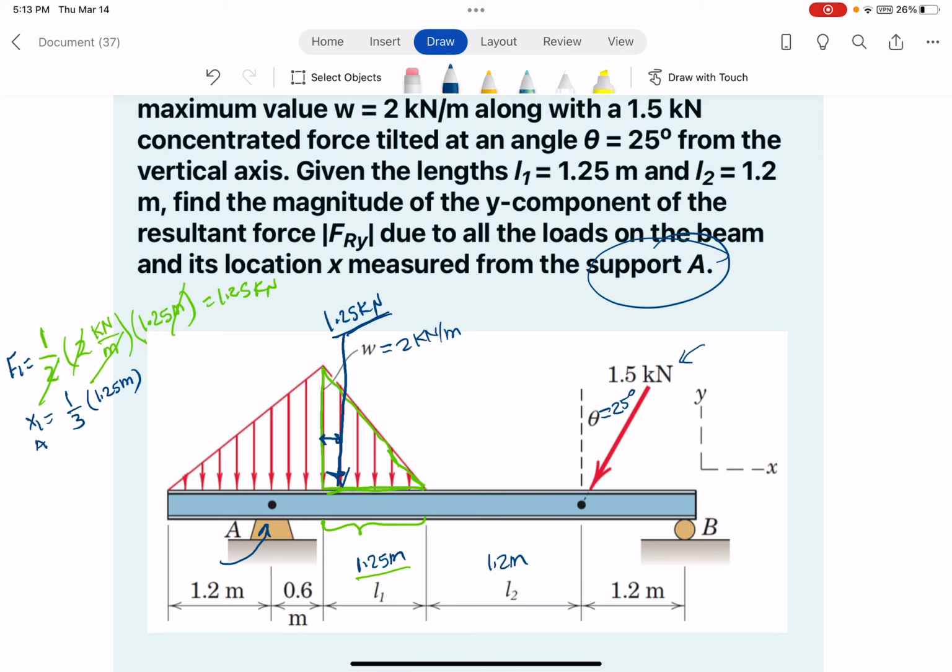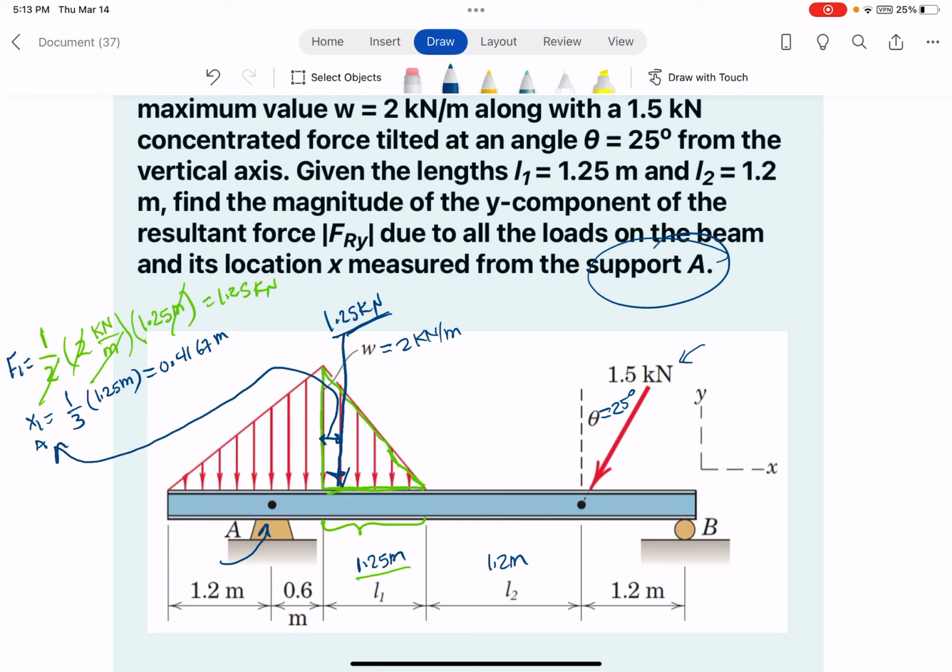So 1.25 over 3 is 0.4167 meter. So this is 1/3 of 1.25, and this is the distance x1.